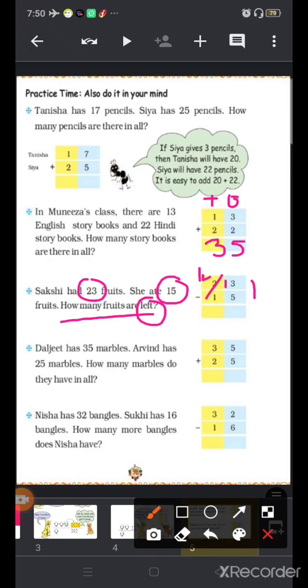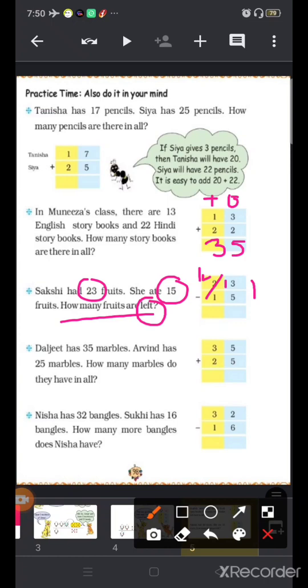13 minus 5. So how will you subtract? You can count forward after 5, up to 13. So you will start with 6. 6, 7, 8, 9, 10, 11, 12, 13.